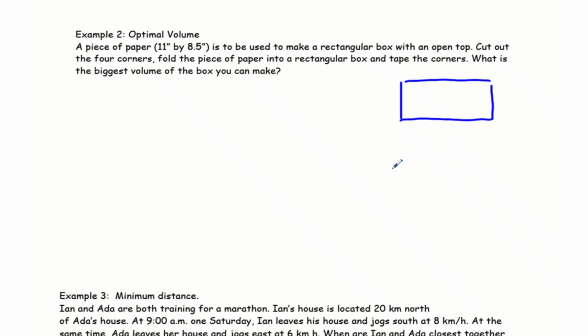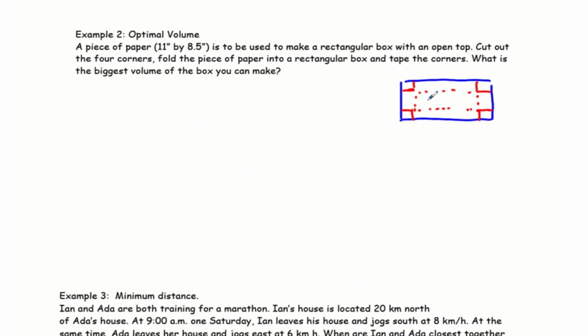To make a rectangular box from 1 dimension to make it 3 dimensions. So cut out the 4 corners. So it means we are going to cut 4 corners out. Then we fold it up. We fold this side up, this side up, this side up, this side up.